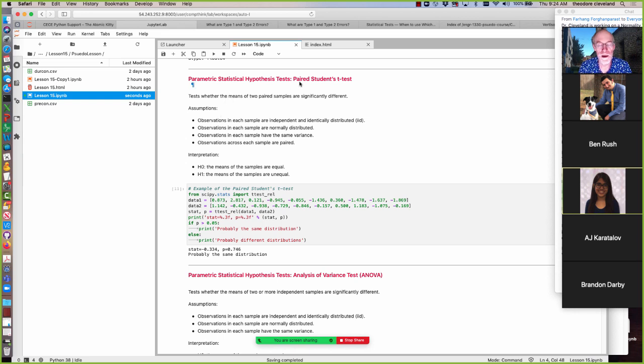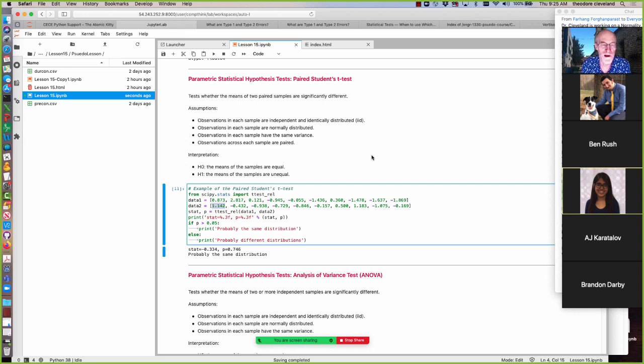Are paired tests. And so in pairing, it means that each sample is paired. By pairing, it means that this 0.873 is somehow directly associated with that 1.142 and so on. So pairing ultimately means that the sample counts are the same.